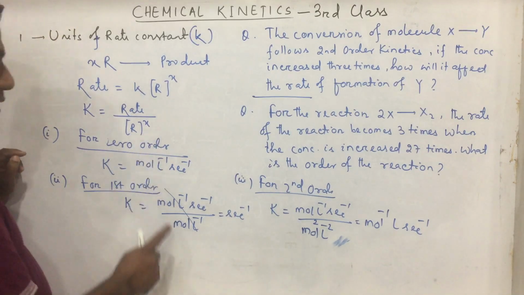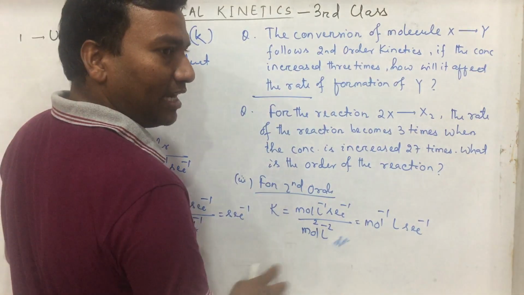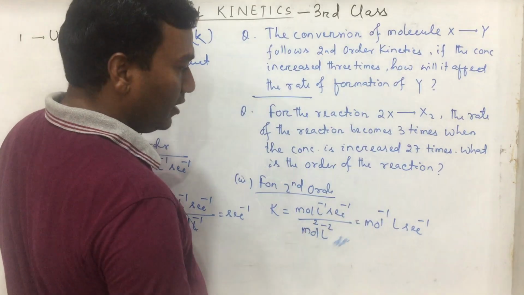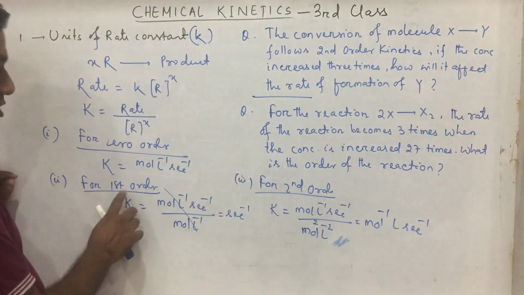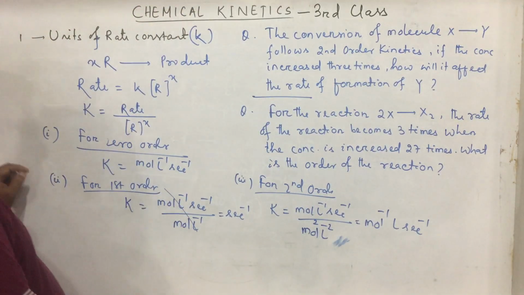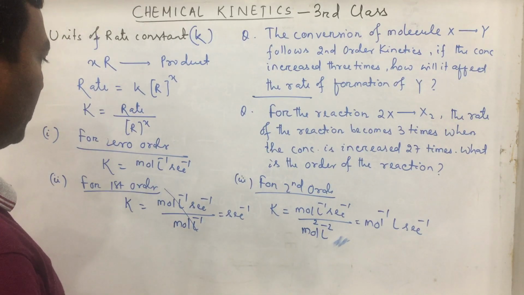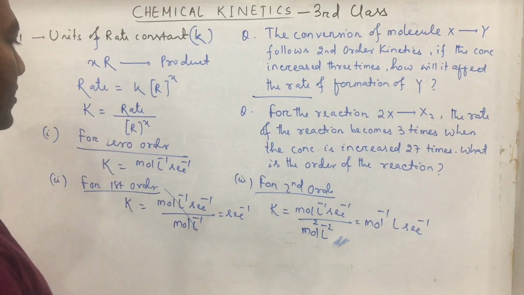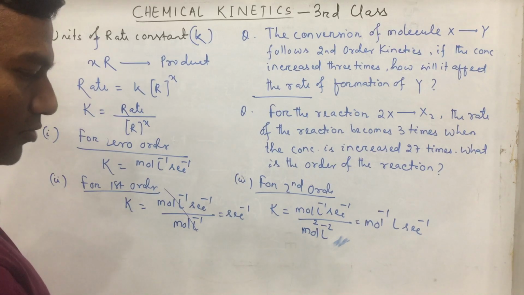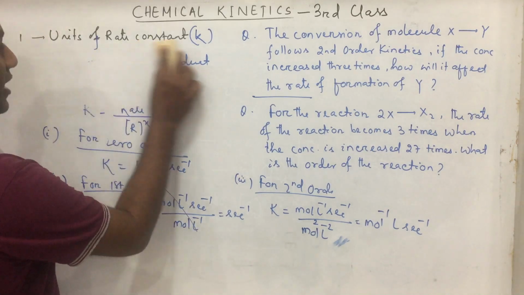So for zero order, first order, second order, we can easily calculate because these are all whole numbers. But when the order is given as a fraction, like 1.5 or 2.7, then how can you calculate the unit? So we can write one general formula.